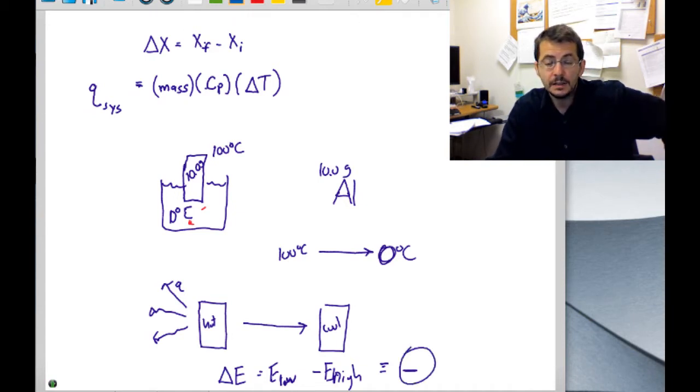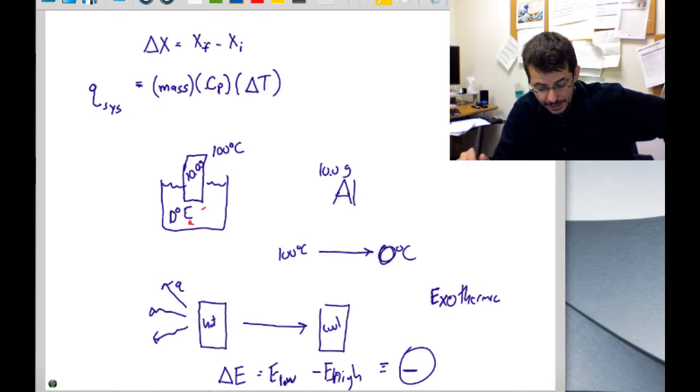Now, we can define losses of energy by the system as exothermic. Now, it's not the same as temperature. It's loss of heat energy, exothermic.